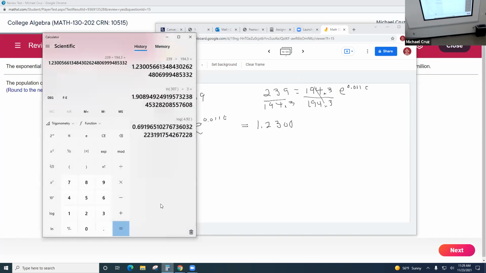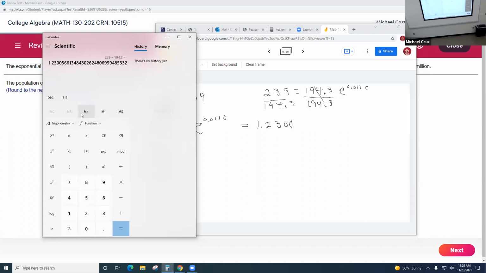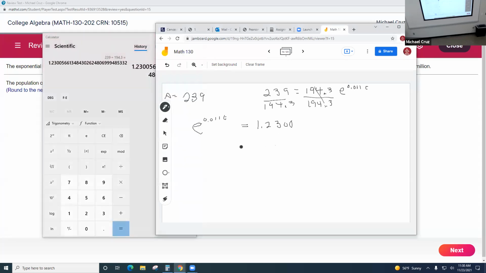All right, let's do it. I don't trust that I put everything in right. So double check things. So 1.23. Okay. So now we take the ln of both sides again. Same thing we've been doing.